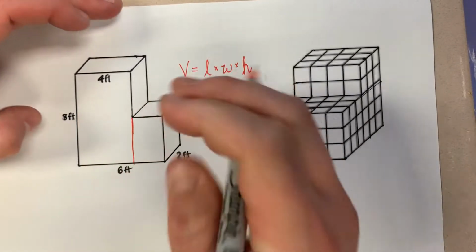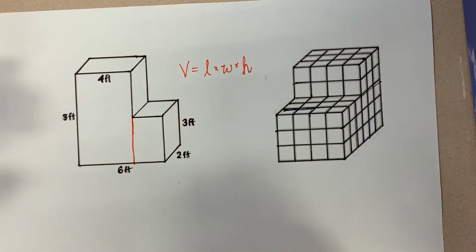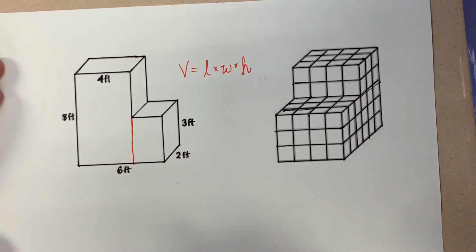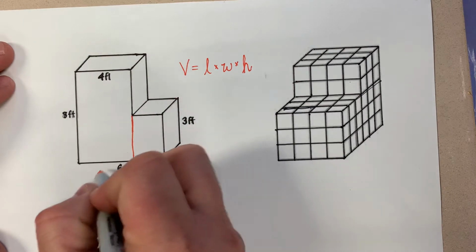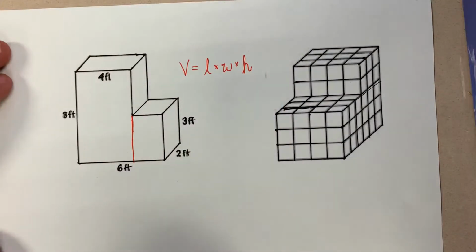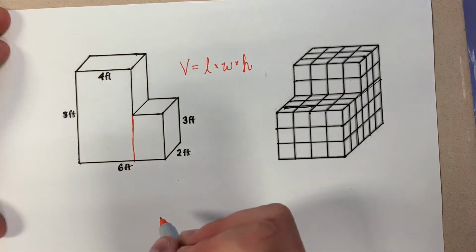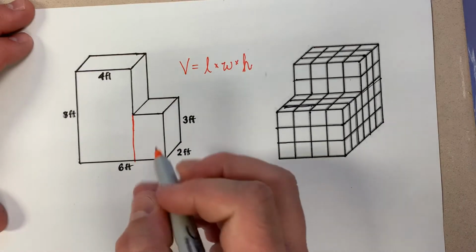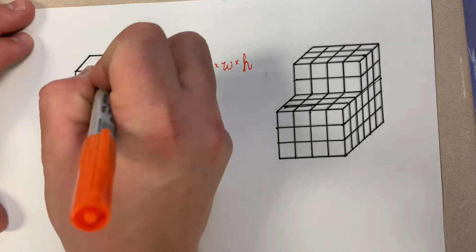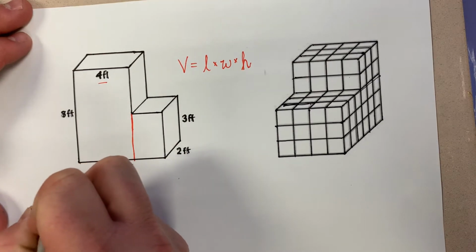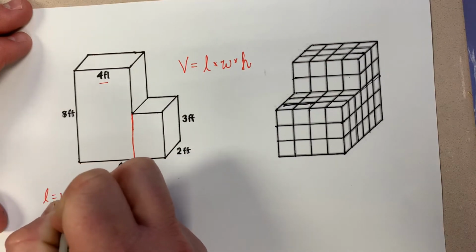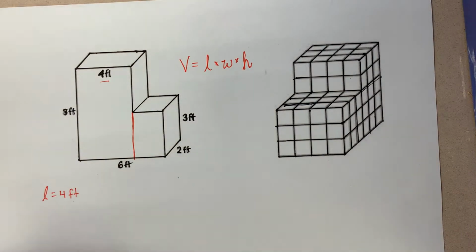And now that's going to create two different 3D objects, but they're rectangular prisms as opposed to whatever one would call this. Now, I know that for this big rectangular prism, I've got a length of 4 feet from here.